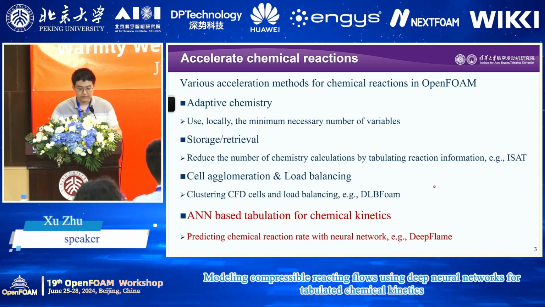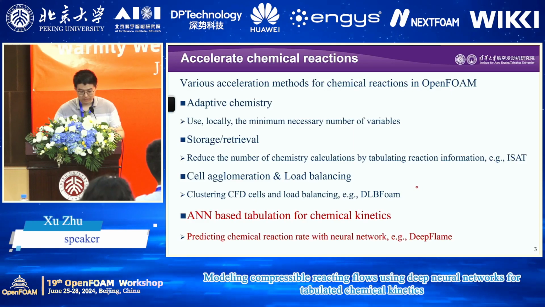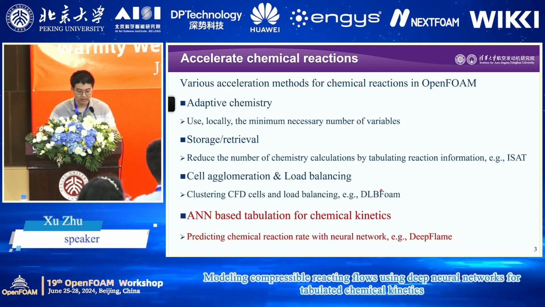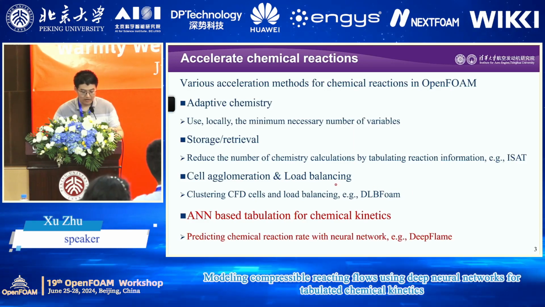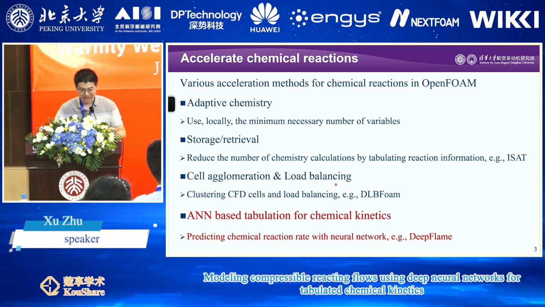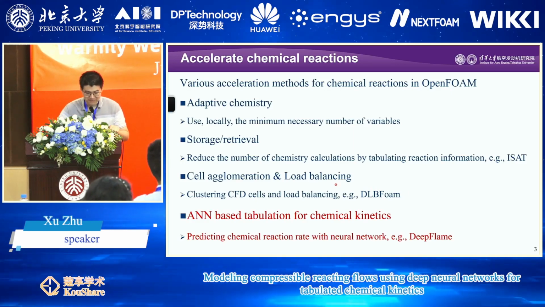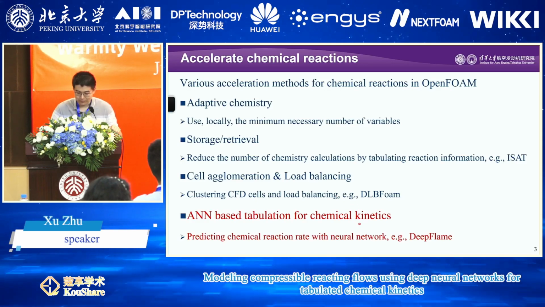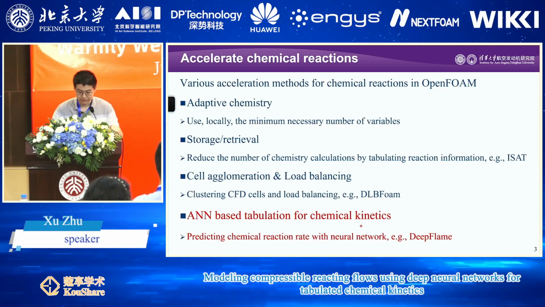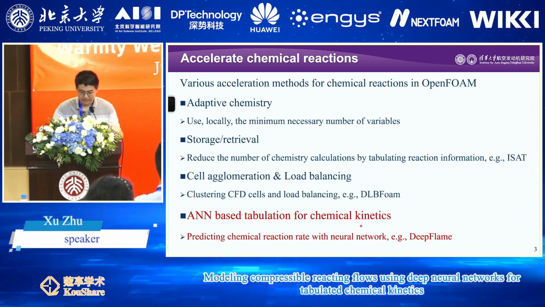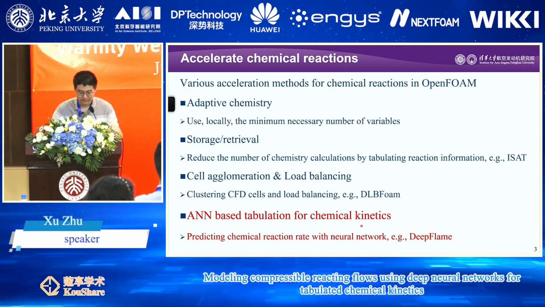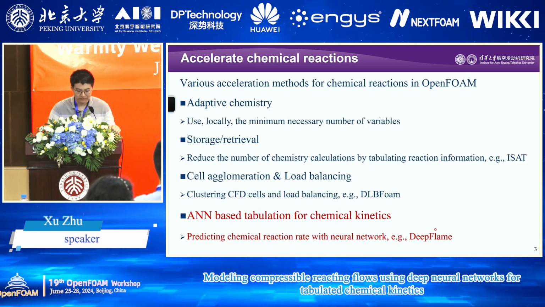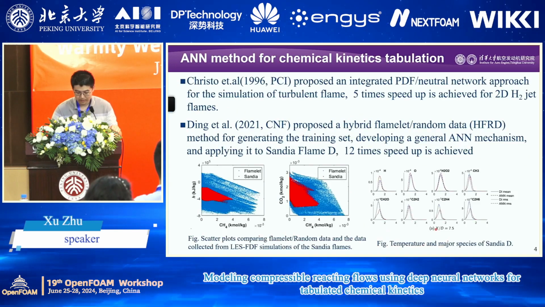And thanks to DLBFoam, it will be much easier for us to apply the load balancing and cell agglomeration methods in OpenFOAM nowadays. And here we want to focus on using artificial neural networks for chemical kinetics tabulation, specifically through the DeepFlame framework.